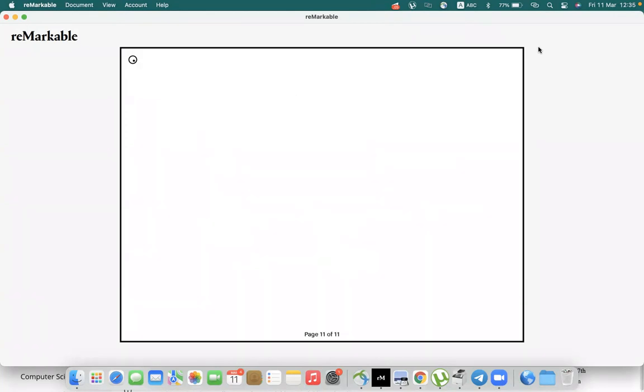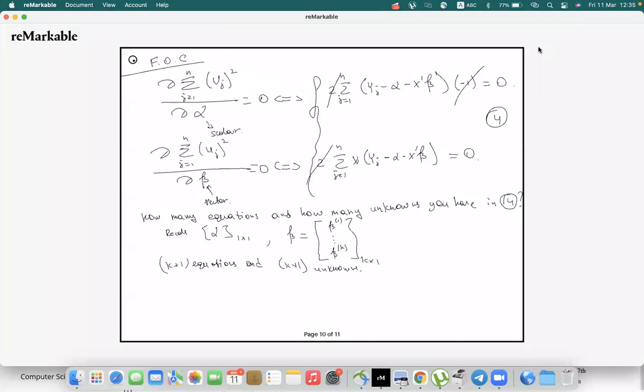So what we can do, 4 can be rewritten this way. But let me show you, the moment that you take this first order condition, these alphas already become specific alphas. They become the best alphas and betas.